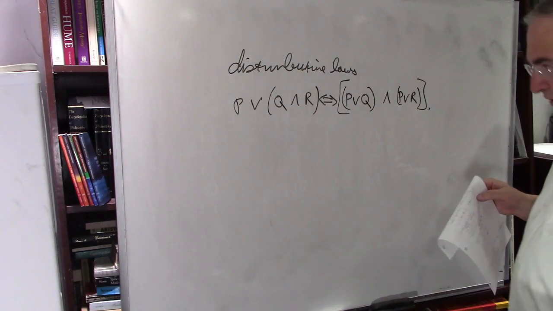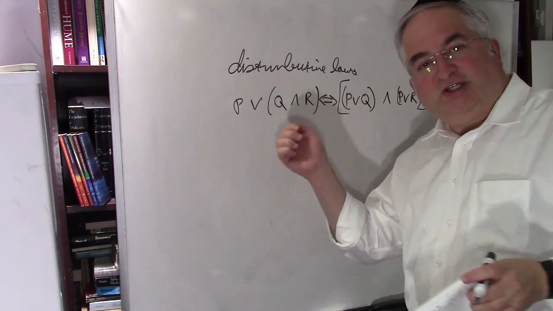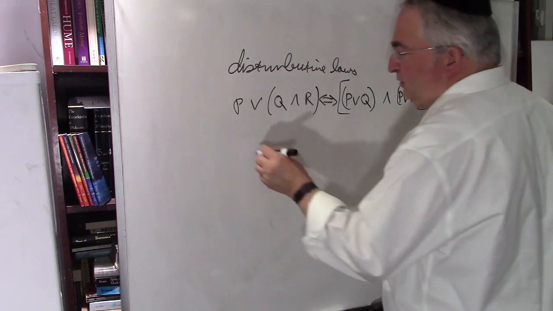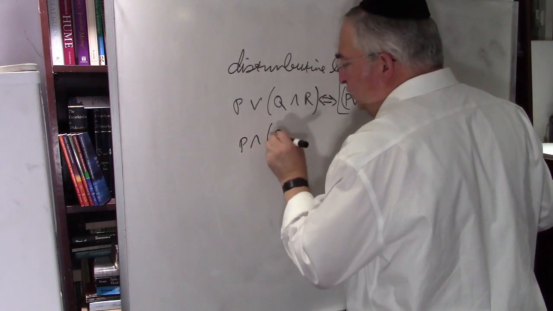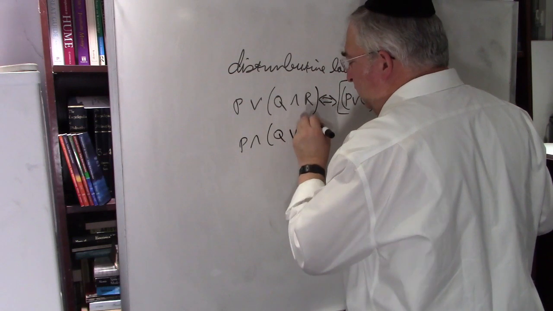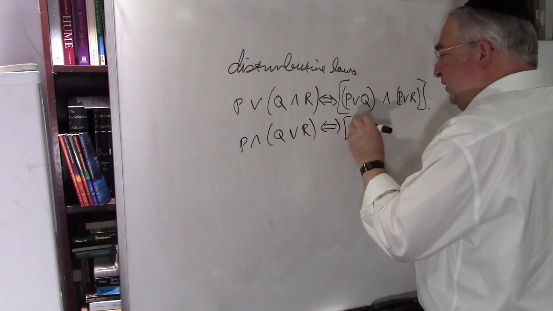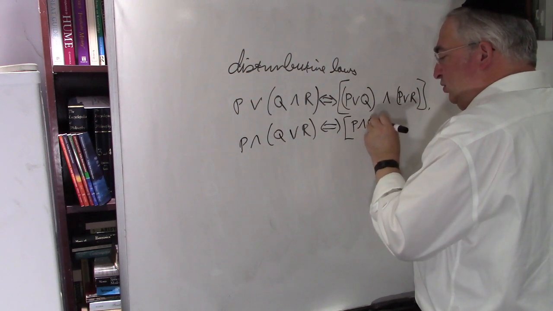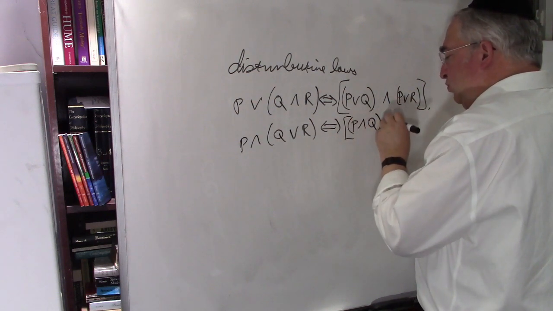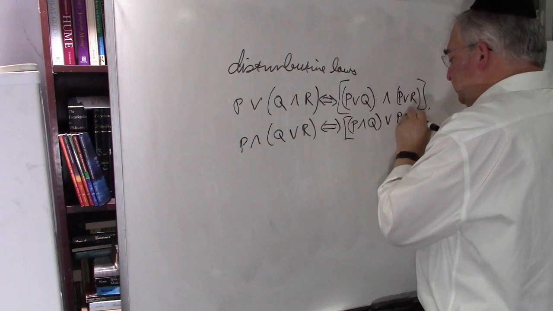Just like with sets, it goes the other way too. P and (Q or R) is logically equivalent to (P and Q) or (P and R).